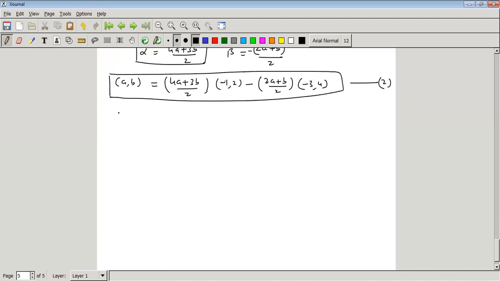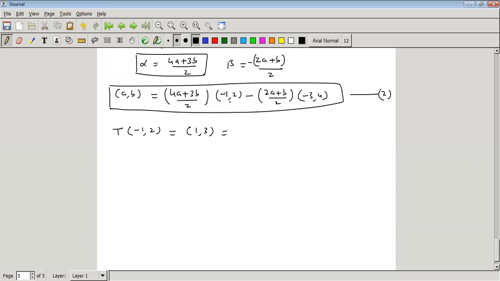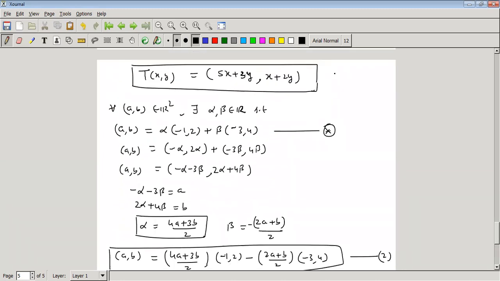Now we find the output of T of (minus 1, 2). By using the transformation we get (1, 3). How do we get (1, 3)? We put x equal to minus 1 and y equal to 2 here, let this be 1.